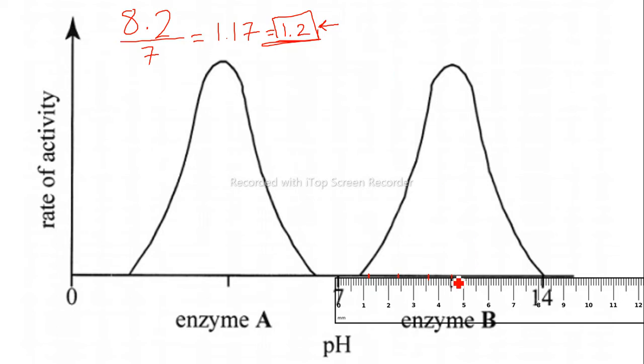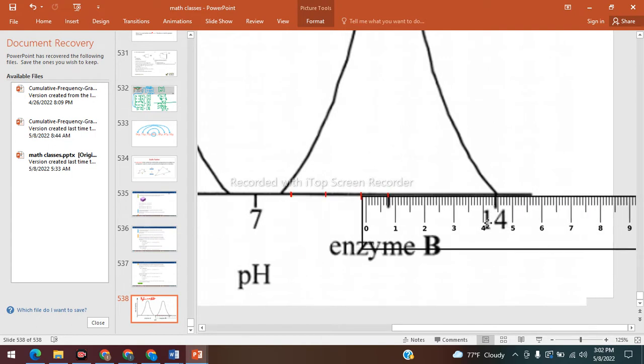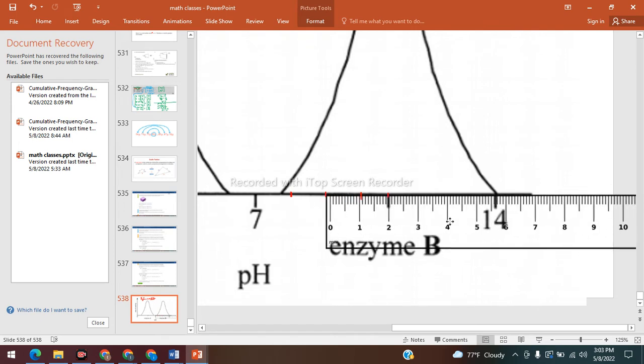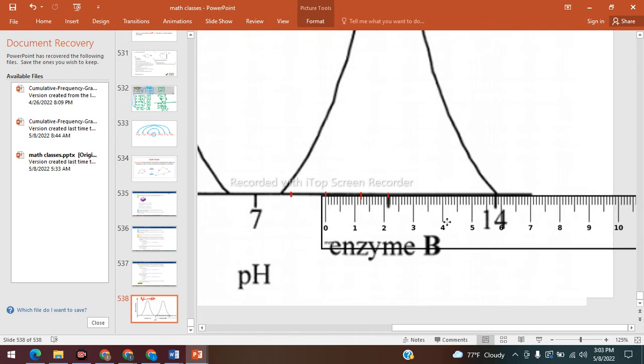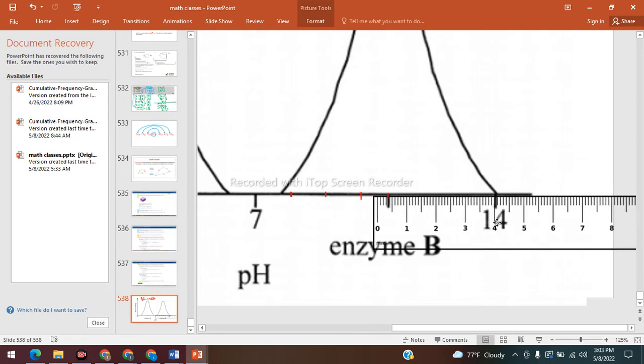The best thing we could do to keep the consistency is to figure out how much this is between this interval. This one should be exactly 1.2. That's good. But this one we have to measure from here.